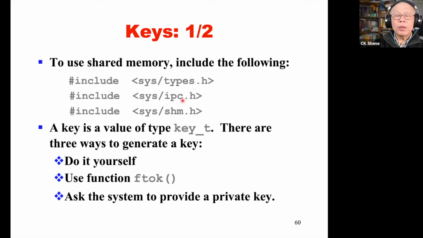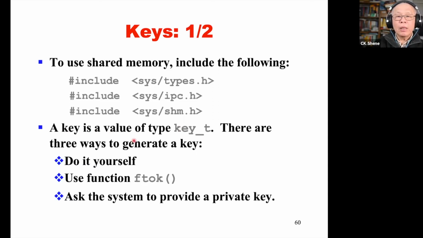This IPC header contains many defined constants and so on. Then, if you wish to use shared memory, also include shm.h. So always include these 3 header files at the beginning of your program. So what is a key?